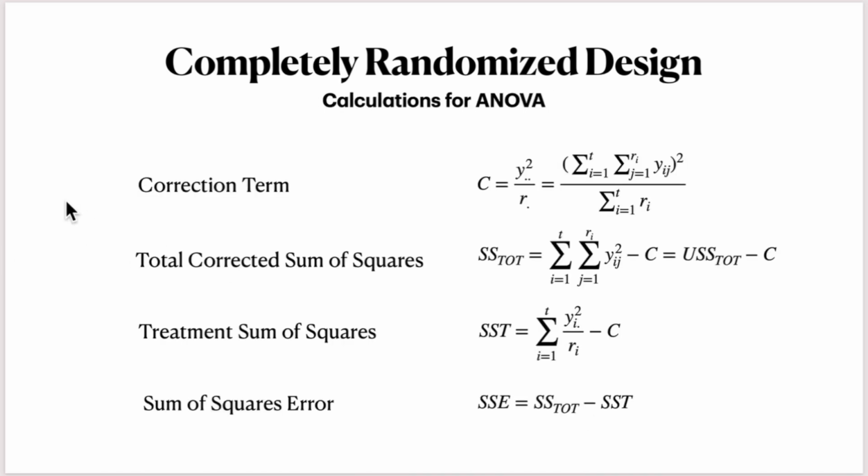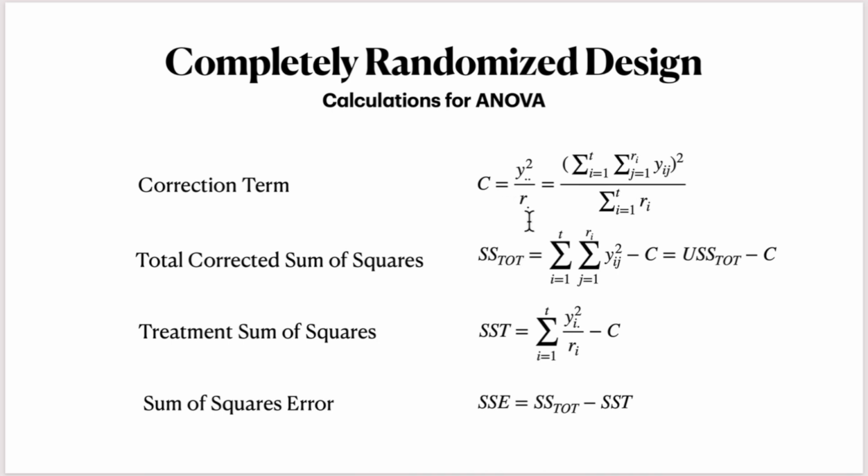And so the first thing we would have to do is to calculate the correction term, and we denote that by C. And you can see here that the correction term is equal to the square of the total of all the observations across all samples. All right, and then the denominator of this correction factor is the total sample size.